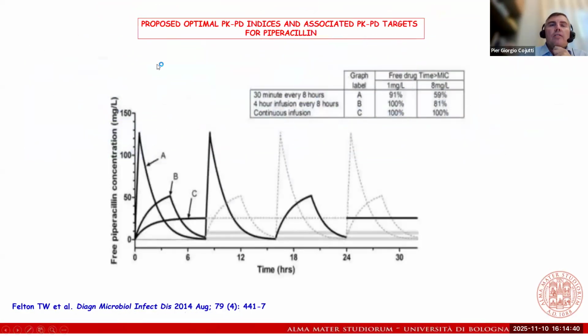This graph here represents the difference in terms of concentration depending on the way antimicrobials are administered.